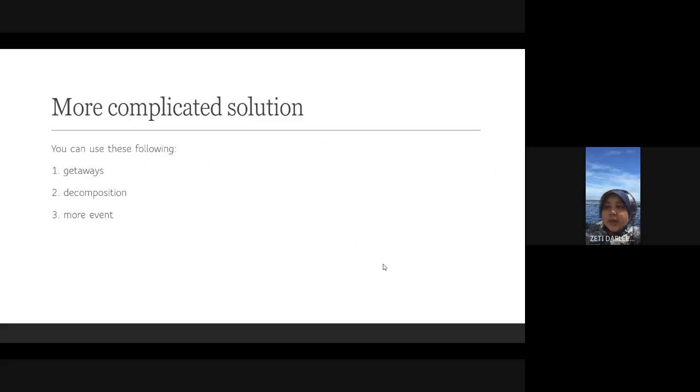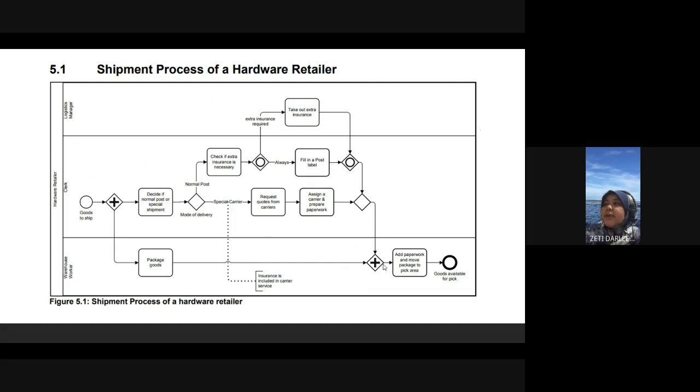For example, gateways. You can add gateways, you can add decomposition, and you can add more events. Okay, so here is an example of a shipment process of a hardware retailer. Here it starts using a pool, an organization pool structure, where the internal process is named hardware retailer, in which we have 3 users, 3 participants: logistic manager, we have a clerk here, and we have a warehouse worker here.